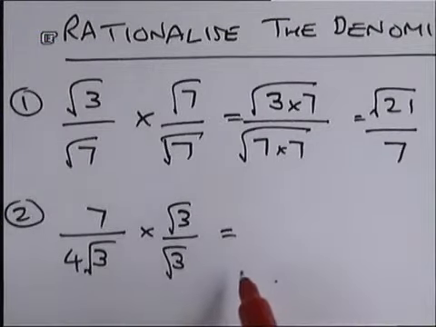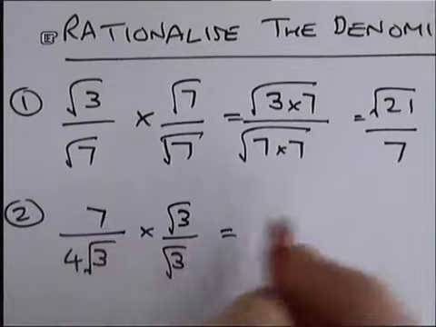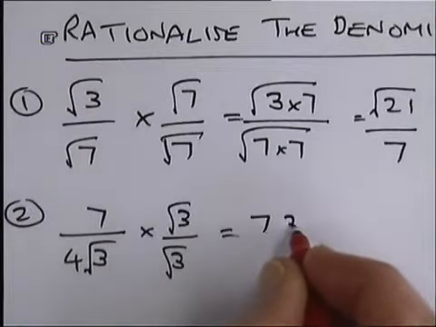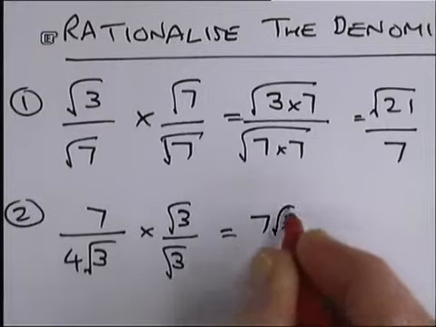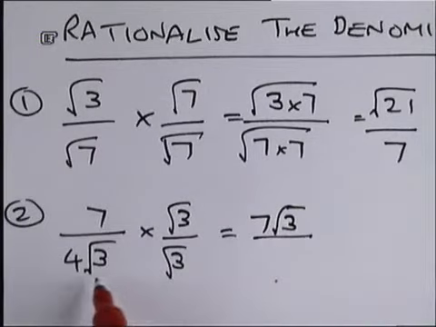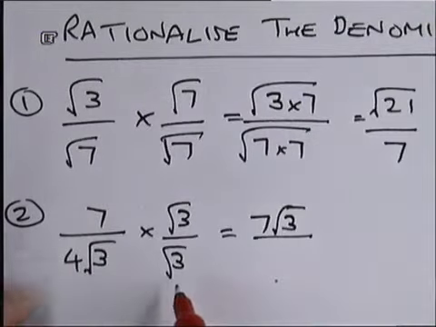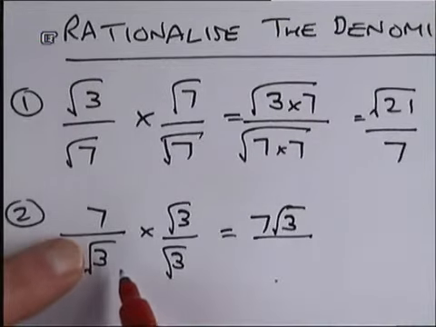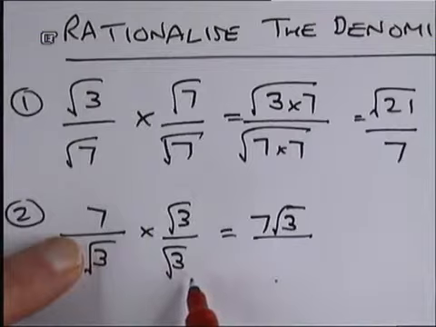But by doing this trick, on the top I've got 7 times by root 3. What I can do with that is just write it down as 7 root 3. And on the bottom I've got 4 times by root 3 times by root 3. Let's just think first off about the root 3 times by root 3.